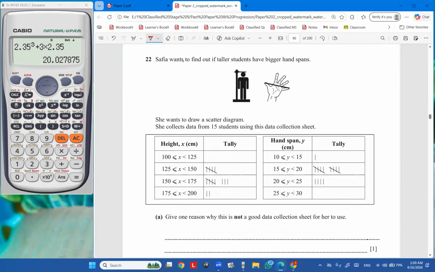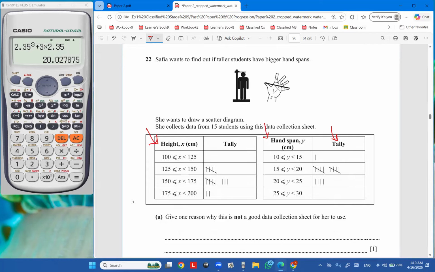Here they're saying that Safia wants to find out if taller students have bigger hand spans. She wants to draw a scatter diagram. She collects data from 15 students using this data collection sheet. She found the height and the tally of the height, and also the hand span and the tally for hand span.